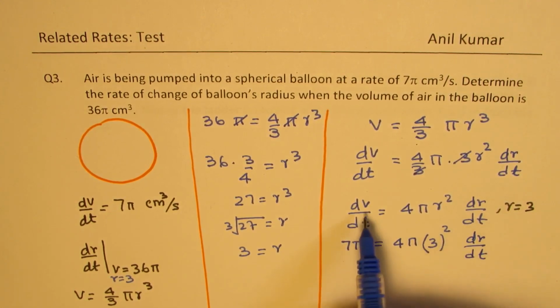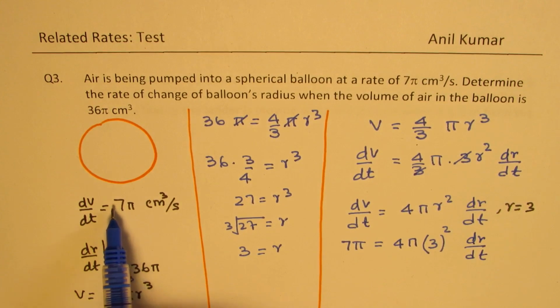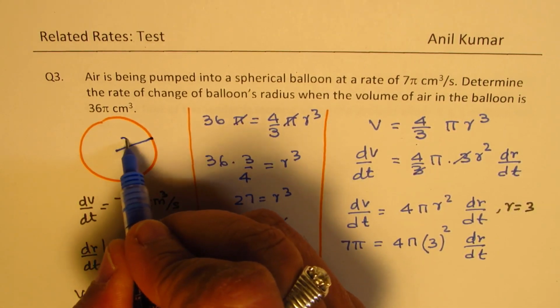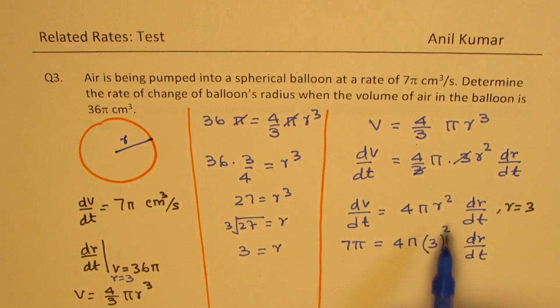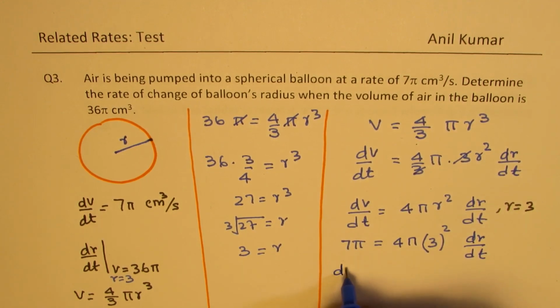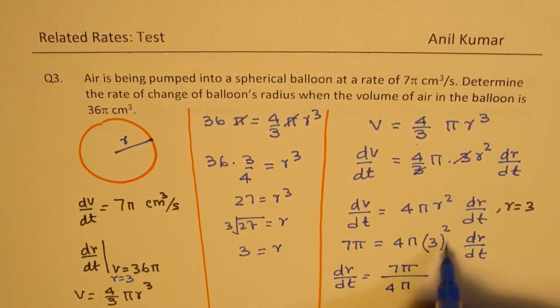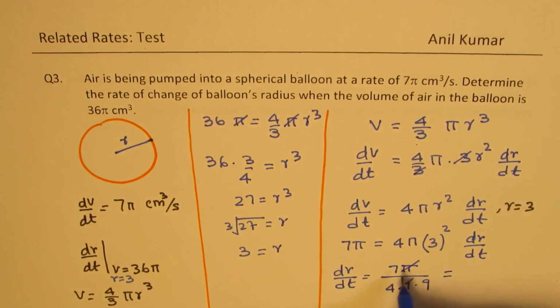Now at that time dV/dt we know is a constant, 7 pi centimeter cube, and we are considering this to be a sphere of radius r units. So let's simplify this. So we get dr/dt as equal to, let me write it here on this side, dr/dt as equal to 7 pi over 4 pi times 9. Correct. So pi and pi cancel. So we get 7 over 36.